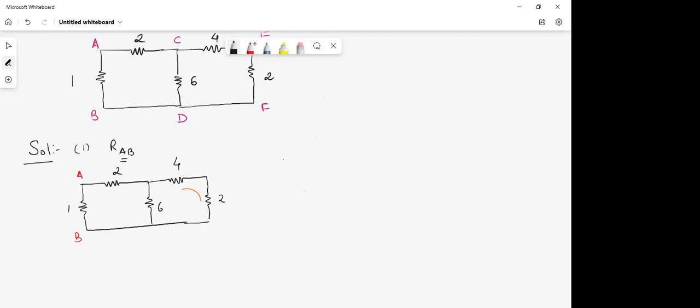So this was solution step number A. Now step number B. So what we have done, we have already taken 4 and 2 in series. See, there will be so many diagrams coming up in this DC network. तुम्हारा एक notebook इसमें ही चला जाएगा.